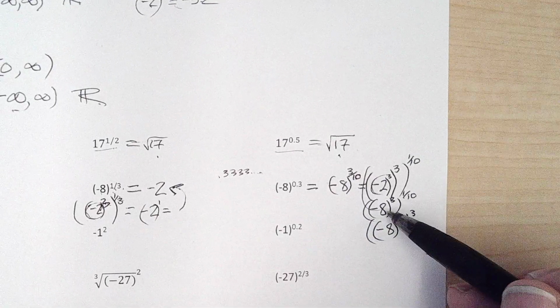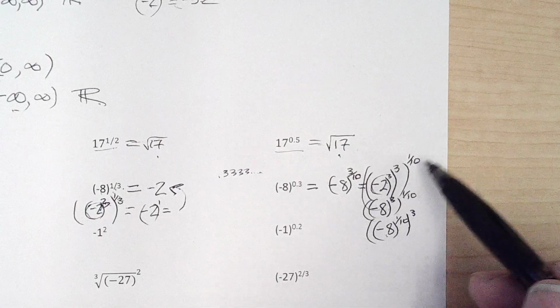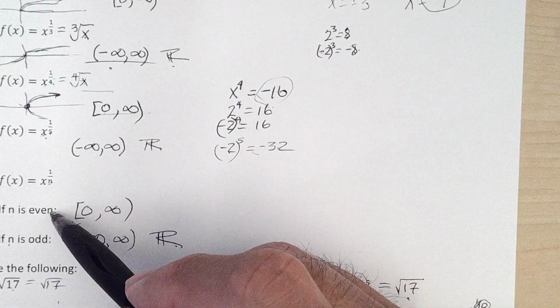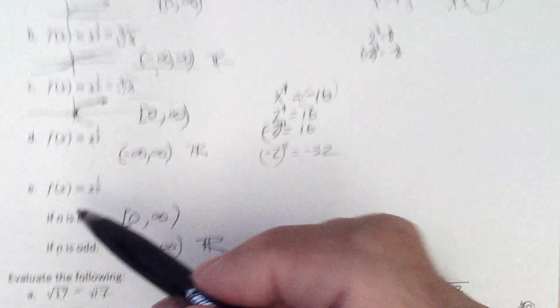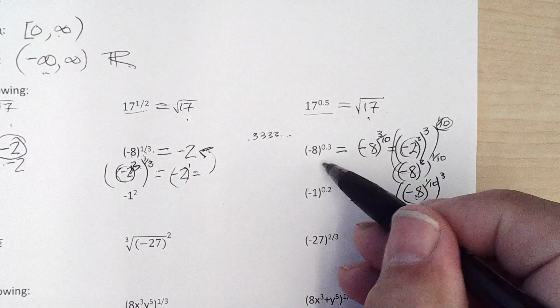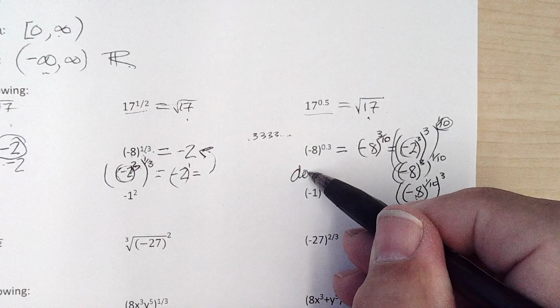And you notice that no matter which way I think about it, I'm taking the 10th root, an even root of a negative. I can't do even roots of negatives, only positive. So this one doesn't simplify in the real numbers.